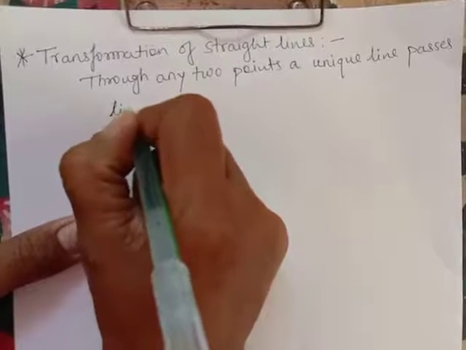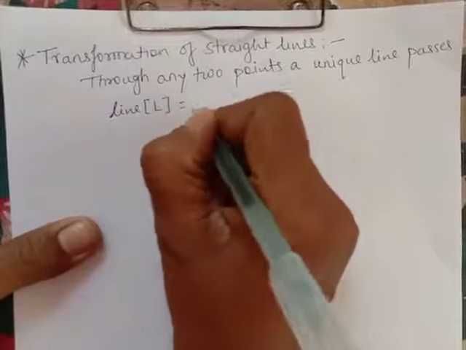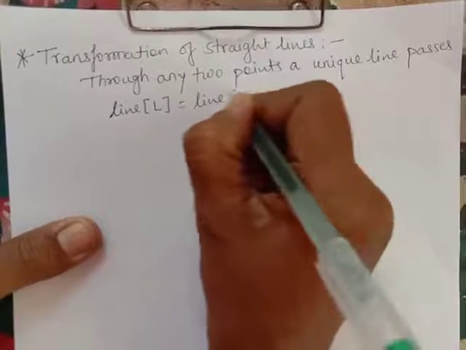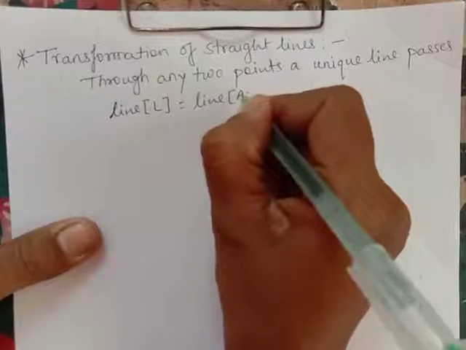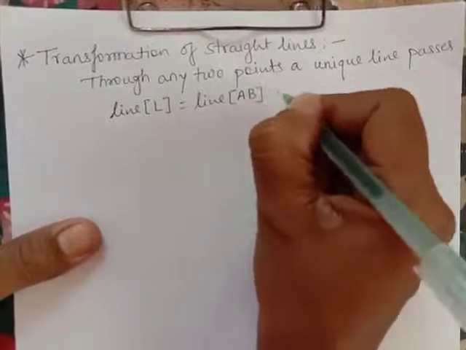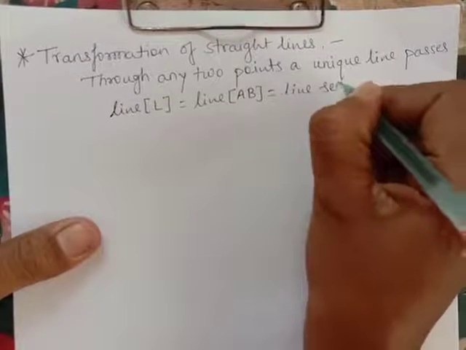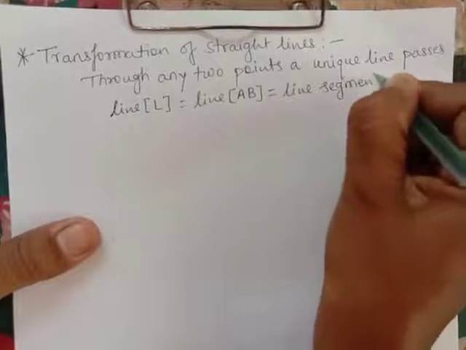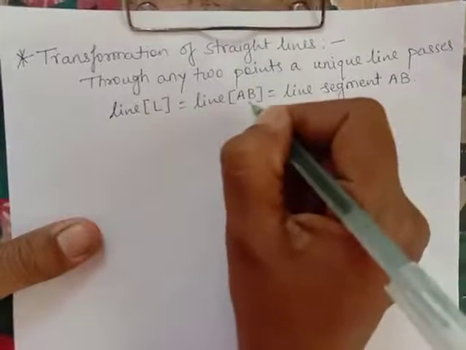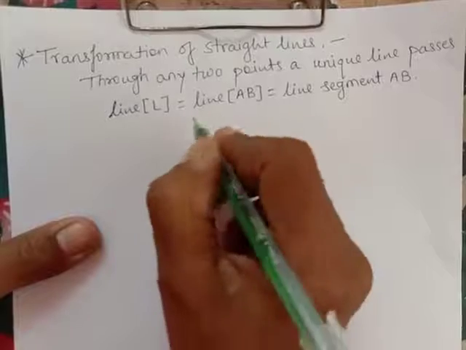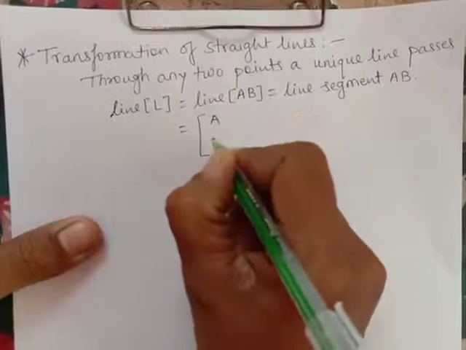Now we consider line L, that is the line passing through the points A and B. So line AB is the same as line segment AB, and you know it is represented as AB.